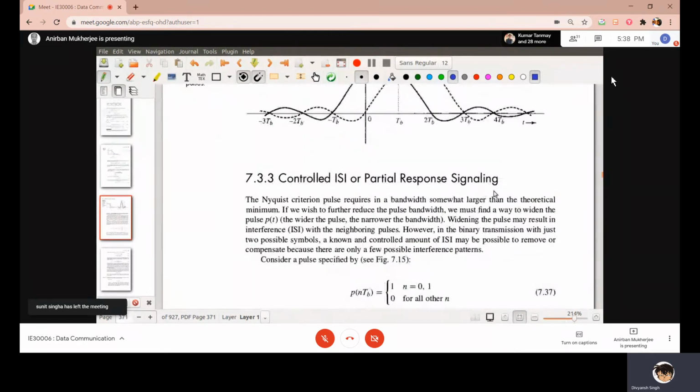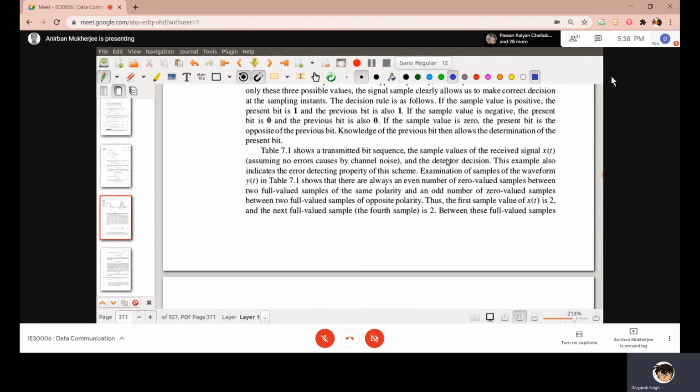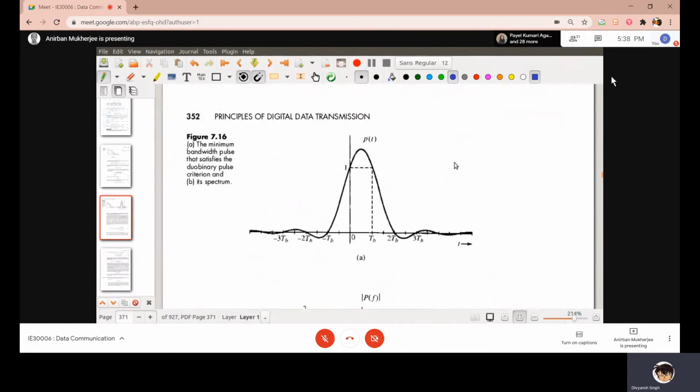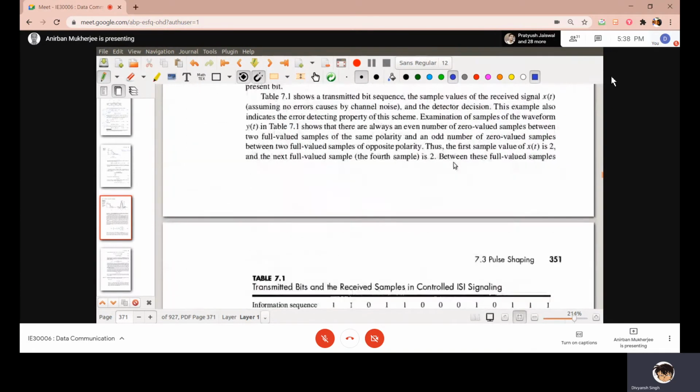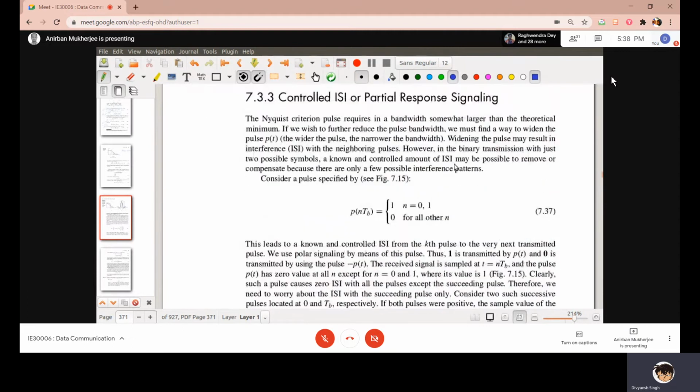Now this controlled ISI or partial response signaling is what we are defining here. The Nyquist criterion requires a bandwidth which is somewhat larger than the theoretical minimum that we discussed.